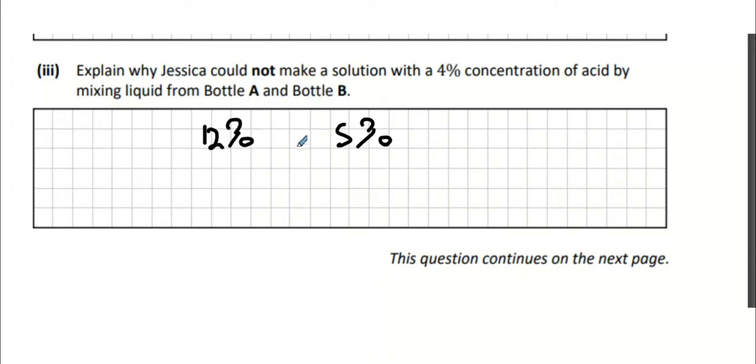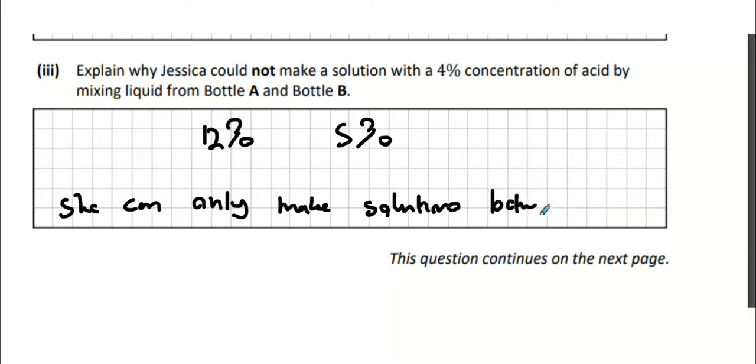You can't make that bigger, so she can only make solutions between 5% and 12%. She'd need to use pure water to dilute it down otherwise. If she's mixing the two solutions, it can only be between 5 and 12%.